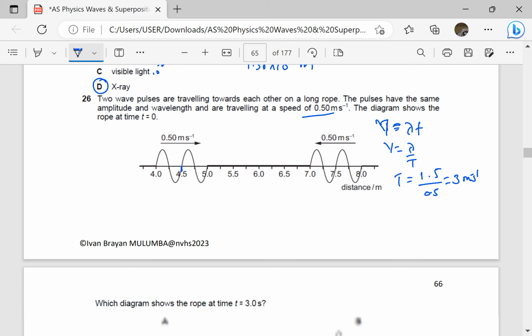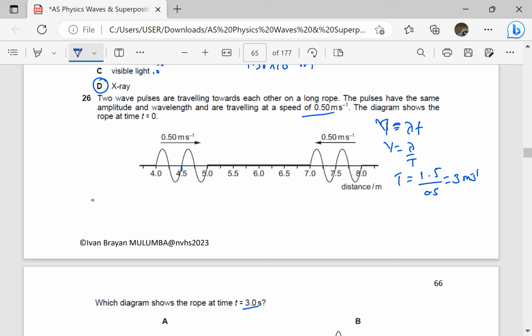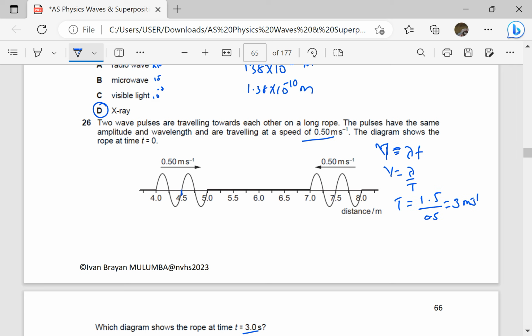So when they say which diagram shows the rope at t equals 3, that is after one complete cycle. After one complete cycle, we expect that one wavelength must have moved forward for each of these waves. So this shifts to this point here, and this part here will also have shifted.